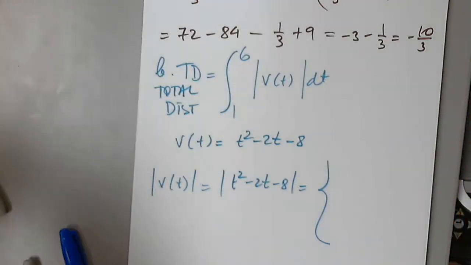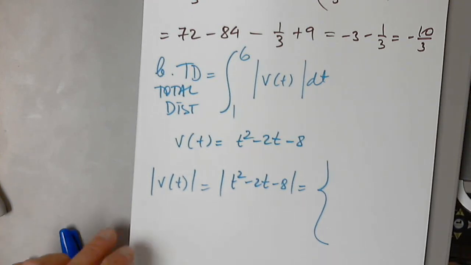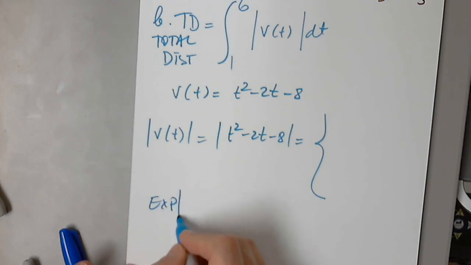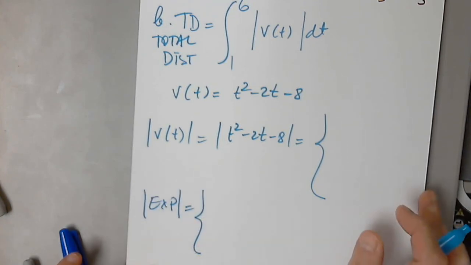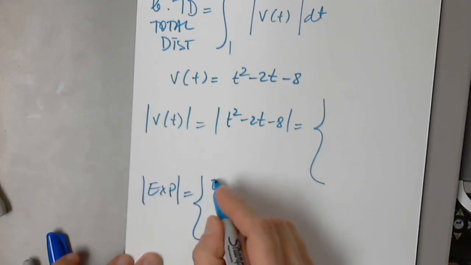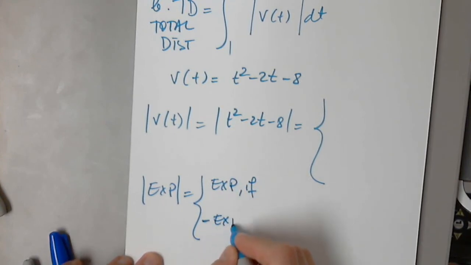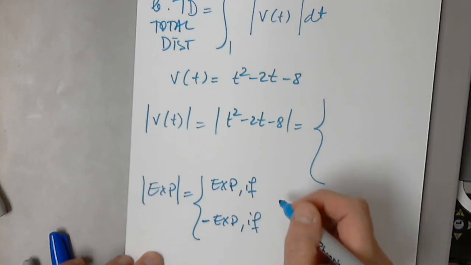No derivative, no integral, nothing. So what is the formal definition of the absolute value? Any expression in absolute value has two options. The positive of the expression if what? Or the negative of the expression if what?